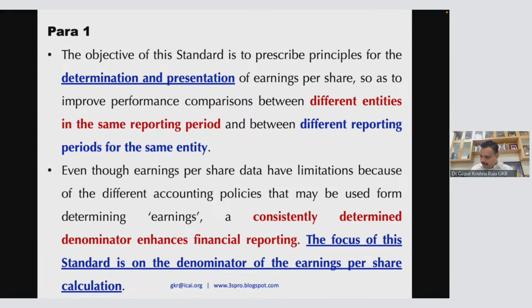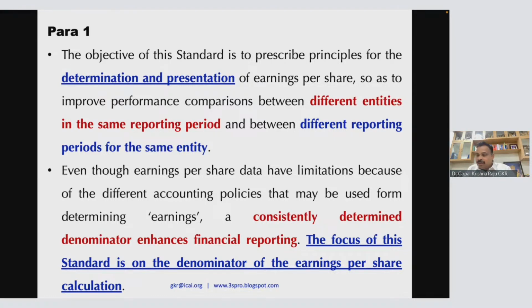People will compare this EPS with your market price. If a company's market price is 250 and earnings is 25 rupees per share, oh, very good. So you have to pay 10 times the earnings to buy the share. That means to get your money back, technically, it will take 10 years.